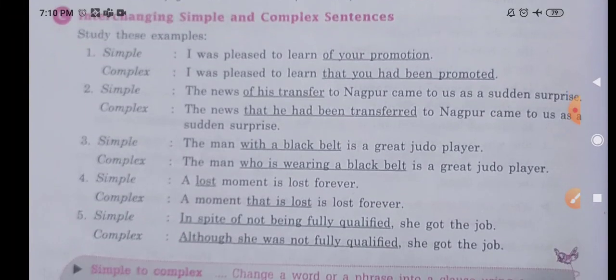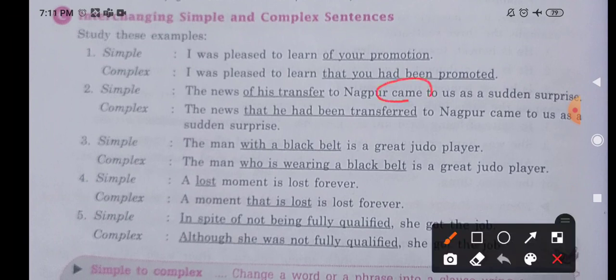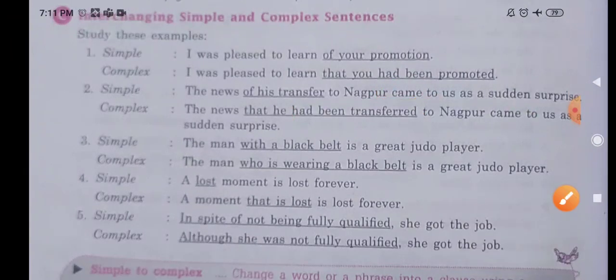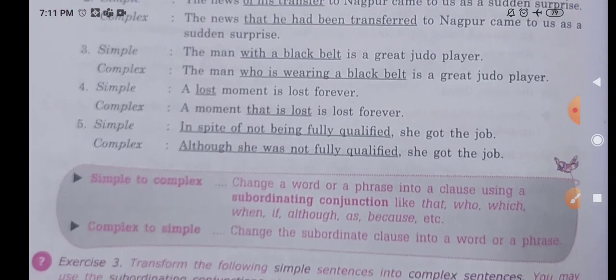Why? Because in the first there was only one finite verb, but here there are two finite verbs, had been transferred and came. In the same way you can change other simple sentences to complex ones.